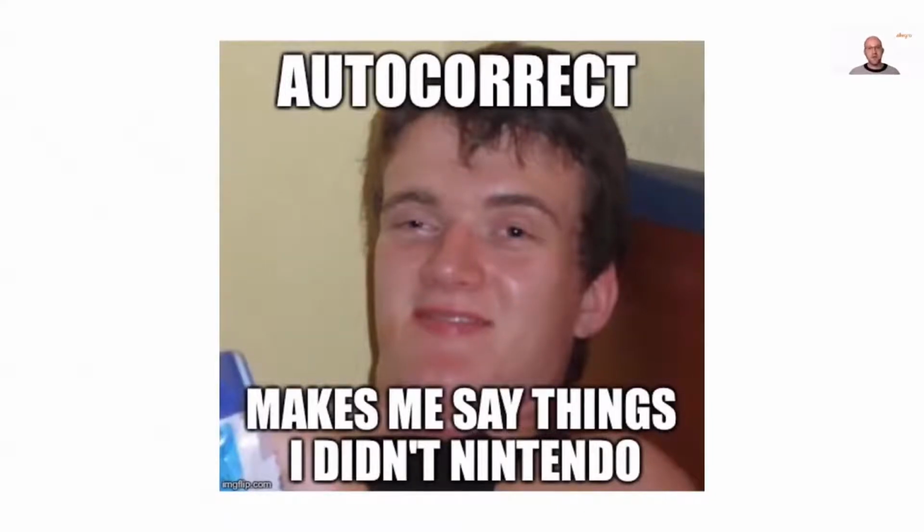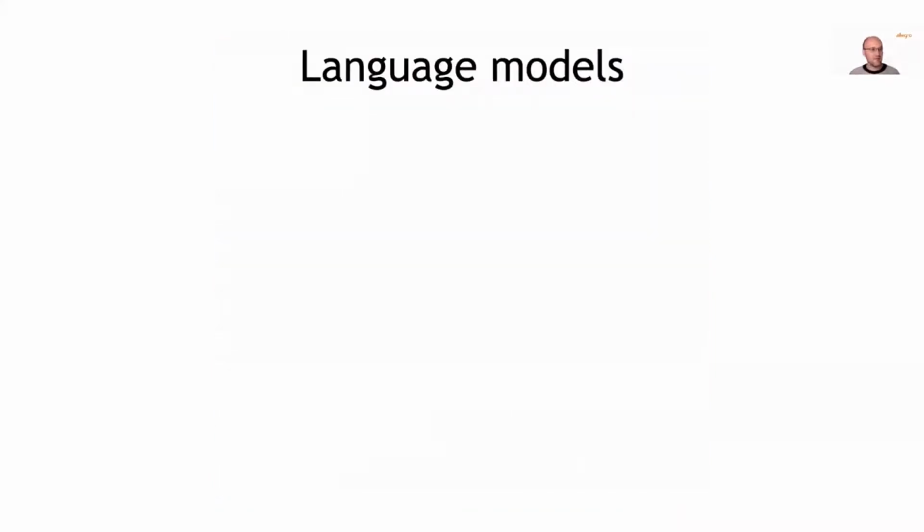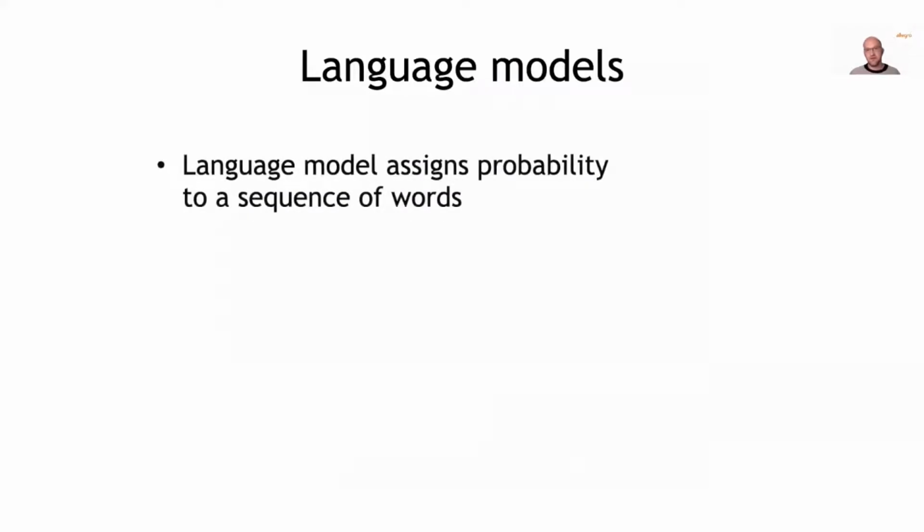Okay, so that was about smart keyboards, and now I wanted to tell you a few words about language models. Essentially, a language model is a function which assigns a probability to a sequence of words. So if you have a sentence in English like this, it's a completely proper sentence in English.